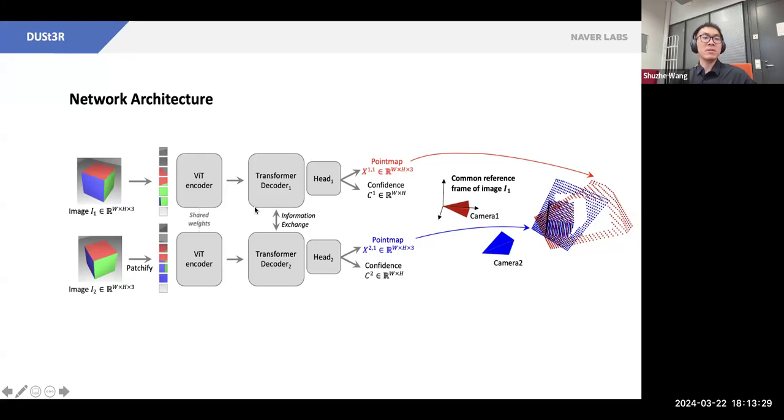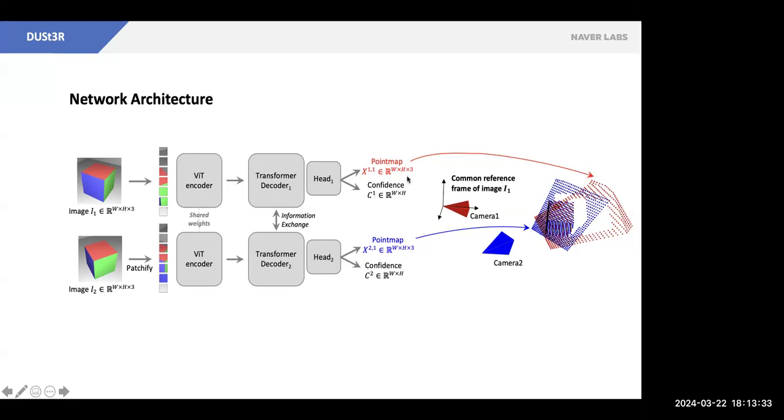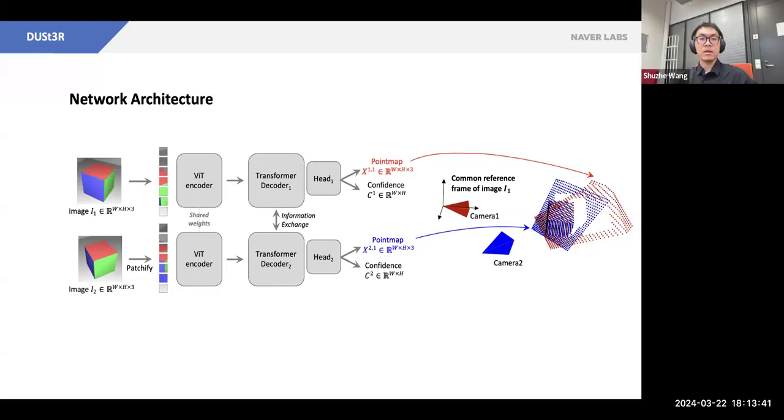In the point map you have the 3D location and the RGB value of that point placed in the 3D space. Actually we don't predict the RGB because we already know the RGB from the original image. We just predict the XYZ.